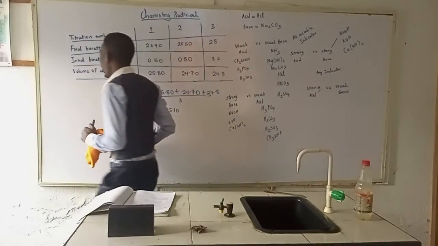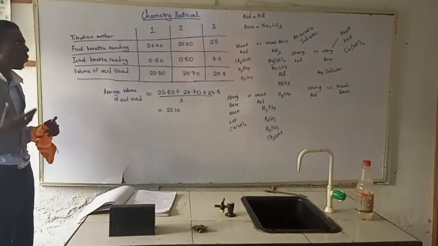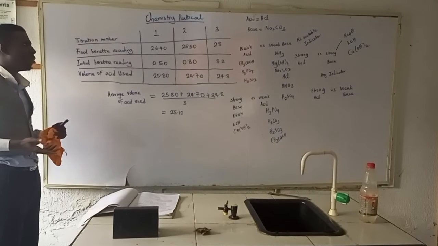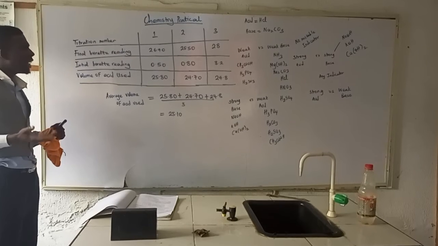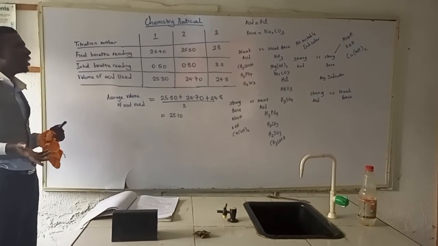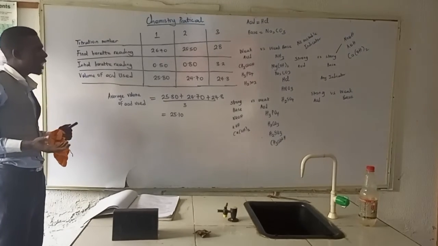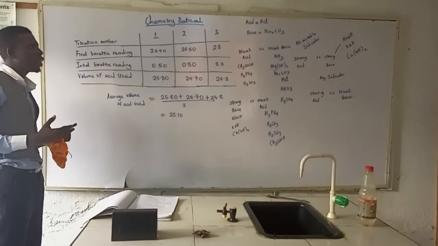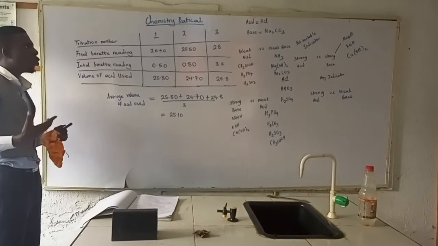Another question that can actually come out from this table, they can decide to ask you, why do you decide to perform your experiment up to 3 times? Now the answer is actually very straightforward. We are performing this experiment up to 3 times in order for us to get what? Consistent values.